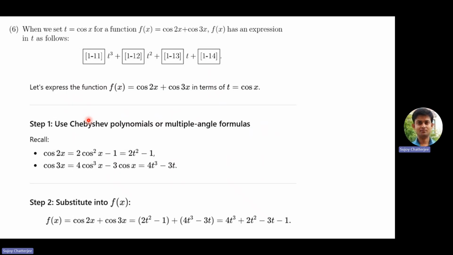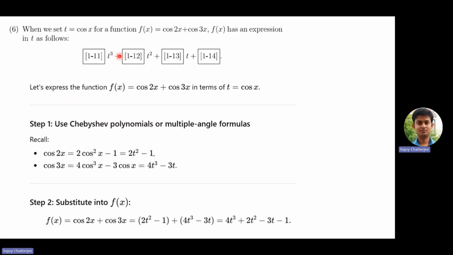When you encounter such a question, where in trigonometrical form one expression is written, whereas in the question they have given some higher order polynomial like t cube, t square, t, then you have to think about the best way to express these cos and sine terms in polynomial form.